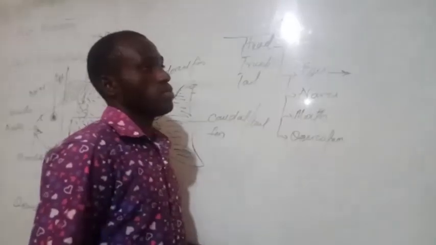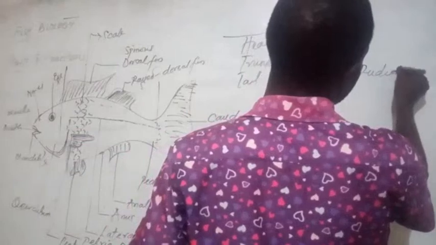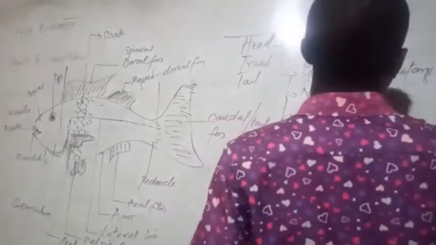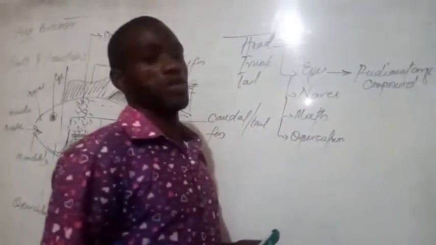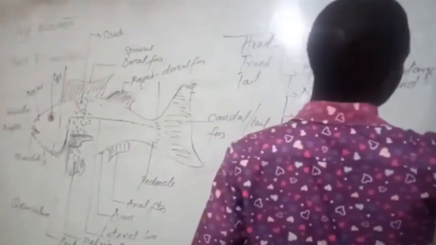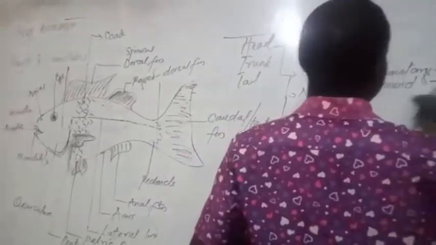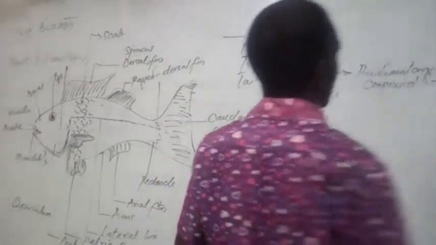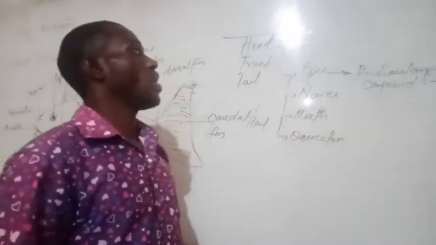They could be rudimentary or compound, depending on the species of fish. Rudimentary means small or reduced, and compound means large, depending on the species and the function which the eyes are going to perform.